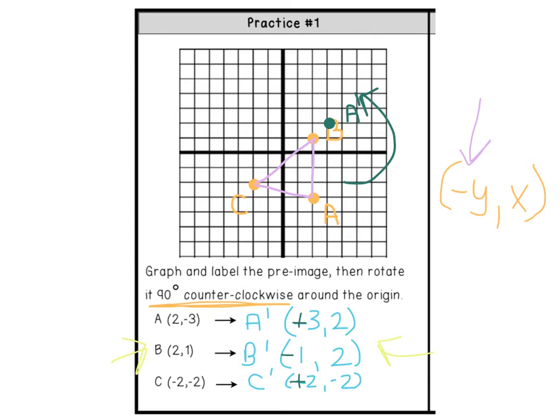Okay, B prime is -1, +2, and mark it B prime. And then C prime is +2, -2. Okay, so this looks a little weird because we have some overlapping going on. And let's go ahead and connect and see what it looks like.